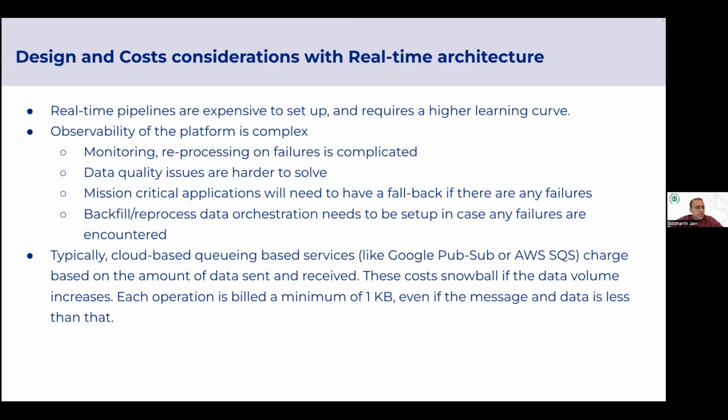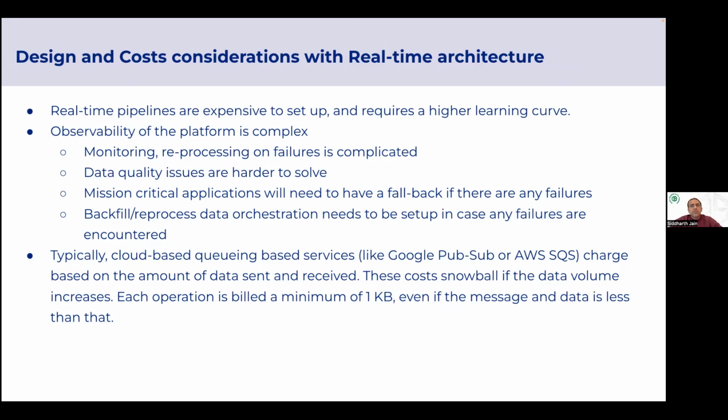As you know, if you've gone through that journey, real-time applications require a different mindset. You need to go through some learning before you even start building out these pipelines, as compared to batch.